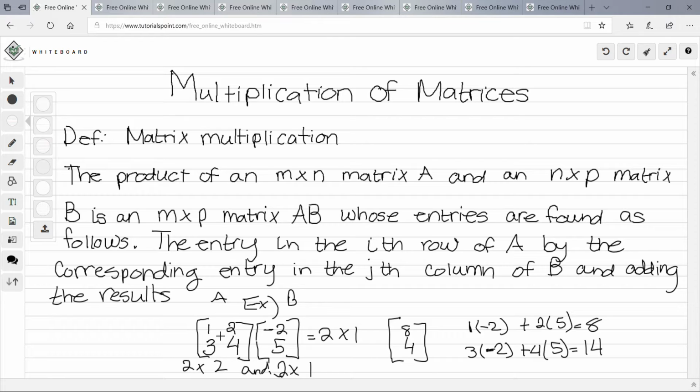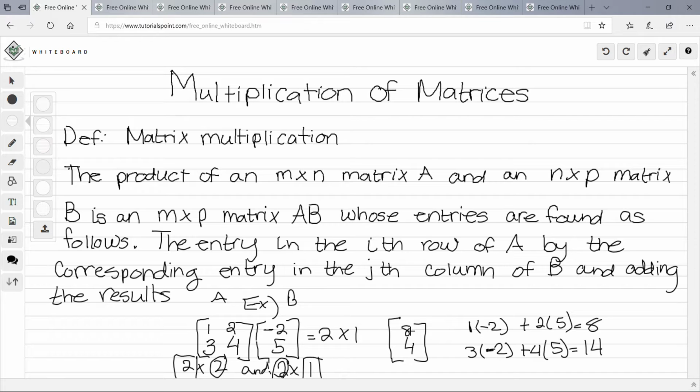Matrix A is a 2 by 2 and matrix B is a 2 by 1. So you look at this 2 and this other 2. If they're the same, that means it's possible. So yes, it's possible. And then the other numbers we look at are the 2 and the 1. This is going to be the size of our new matrix, so it's going to be a 2 by 1.